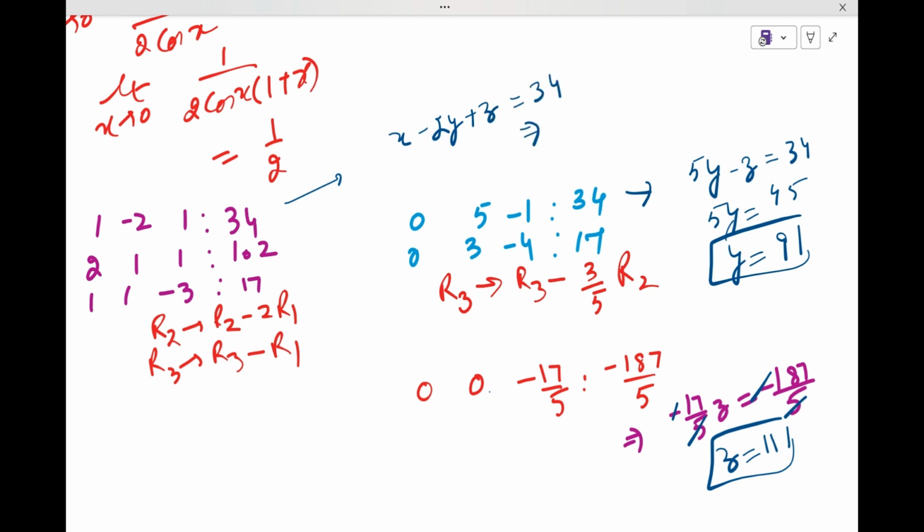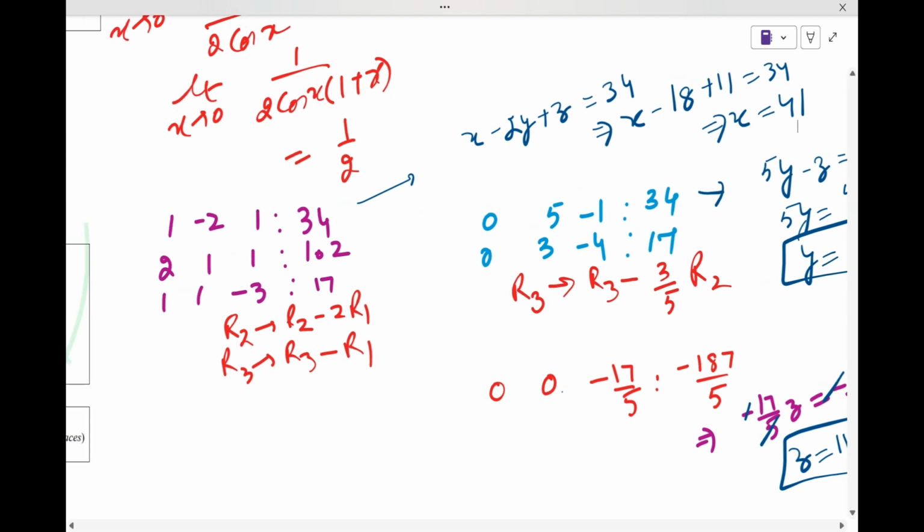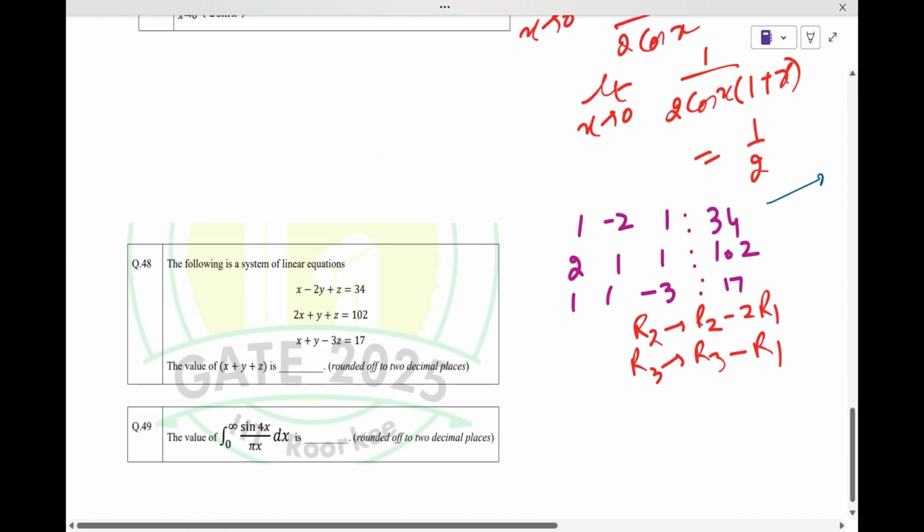So let us solve this one. x minus 2 into 9, minus 18 plus 11 equals 34. So the value of x equals 41. Now add all these values. 41 plus 9 is 50, 50 plus 11 is 61. So the sum of all these three values is 61.